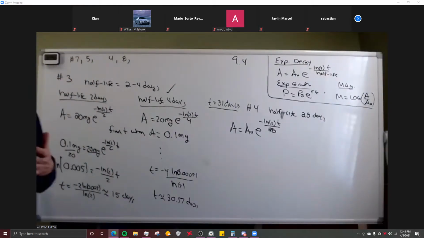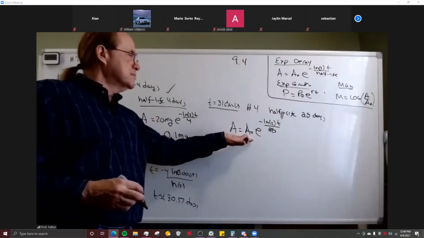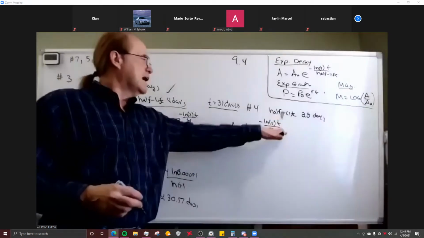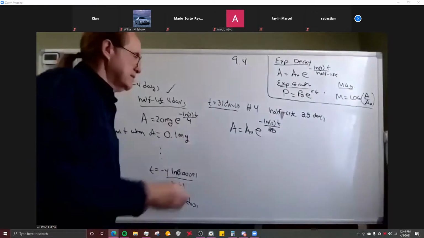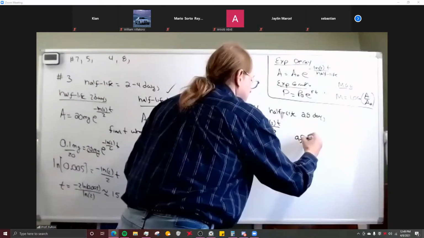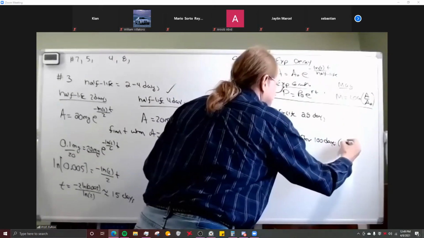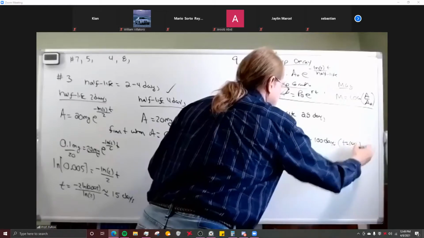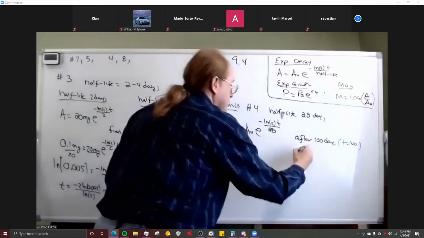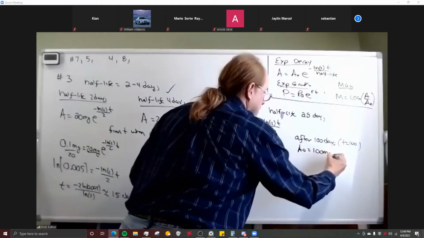Now, this is a little bit different. They're not telling us the time. They're telling us the initial amount and then the time to give us the final amount. So in this case, after 100 days, that's t equal to 100. And the starting initial amount, A0, is 100 milligrams.